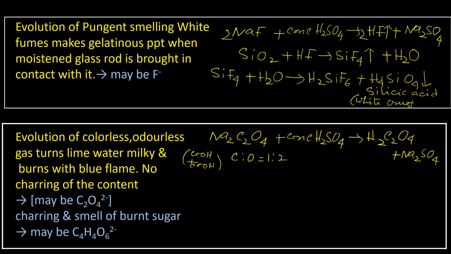Even initially some of the carbon is oxidized to carbon monoxide, and some to carbon dioxide. When the carbon monoxide burns with a blue flame in air, automatically it is converted again to carbon dioxide. So no blackening or charring takes place.